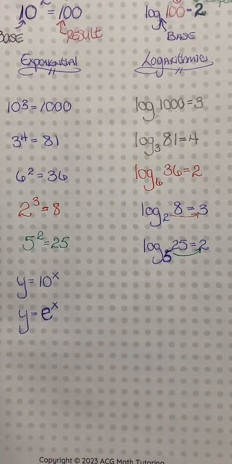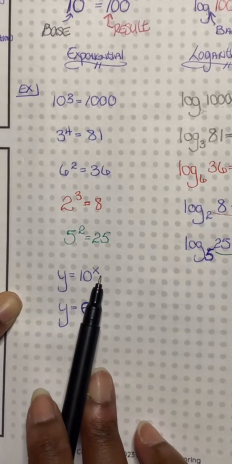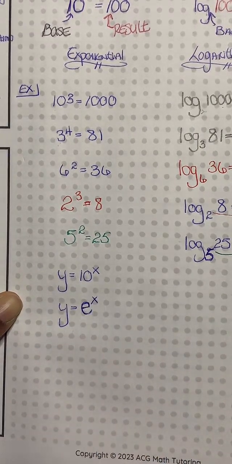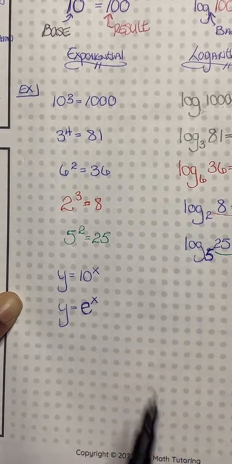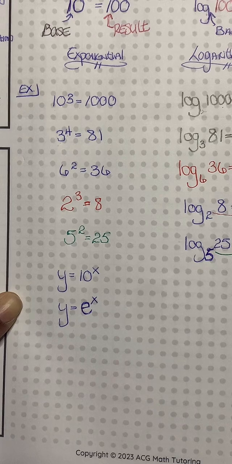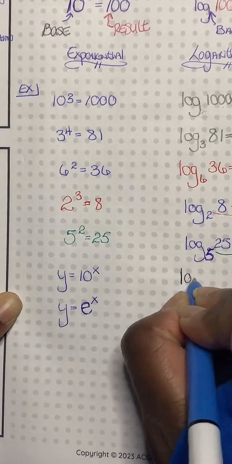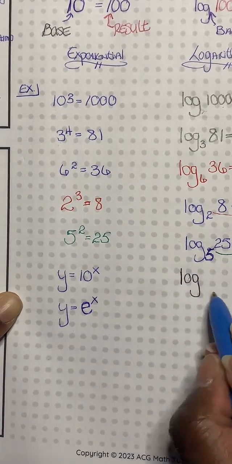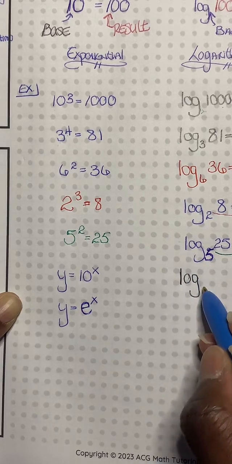So now for the next one, we have y equals 10 raised to the x. And you're like, whoa, okay, what happened to the numbers? So don't forget, you're still doing the same thing. My base is a 10. So if my base is a 10, that means I'm using log. And I don't have to write the 10 because a common log has a base of 10. It's not necessary.